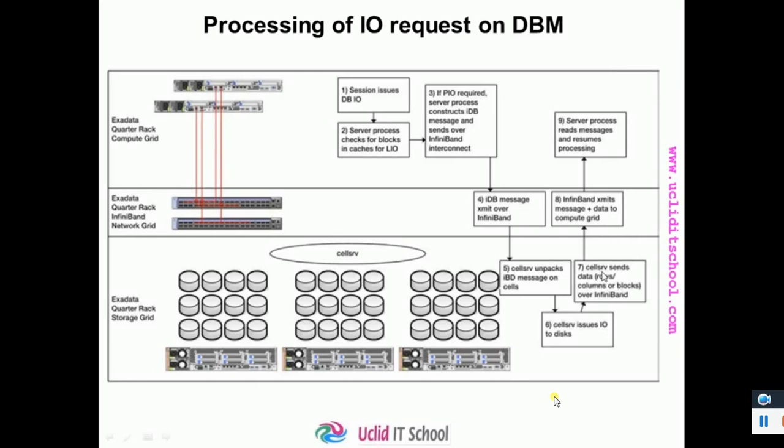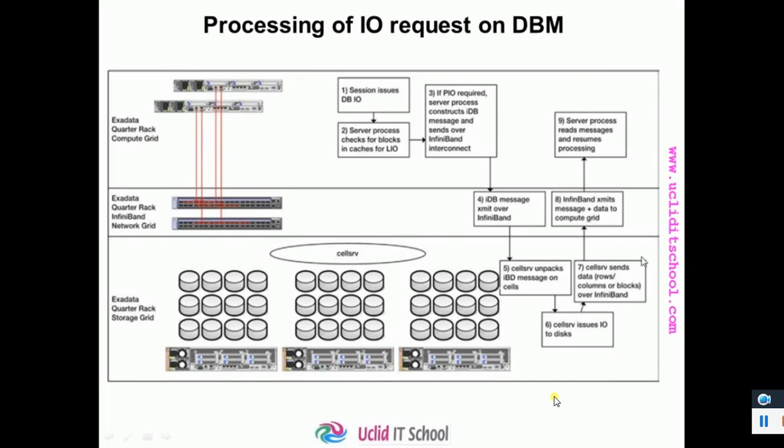The cell server sends the matching data, or the entire block as required, to the database server over InfiniBand. On the database server, the server process reads the message and resumes further processing. It receives the messages from various storage servers, aggregates all these results, and transmits the results back to the client.